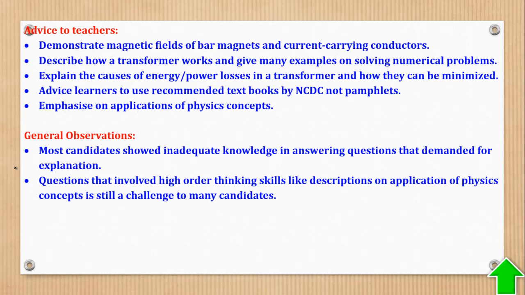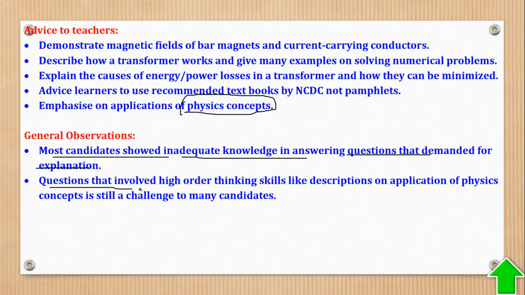So the general observation is that most candidates showed inadequate knowledge in answering questions that demanded explanation. Now, in physics, you cannot run away from those explanations. And as we explain physics concepts, you should write physics.